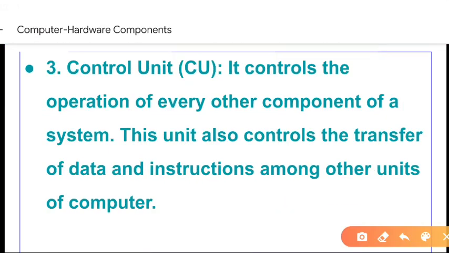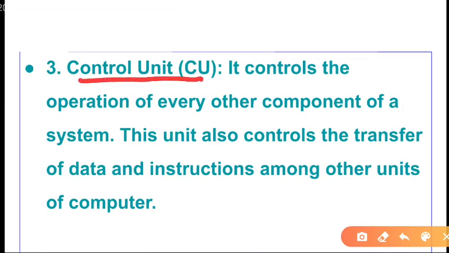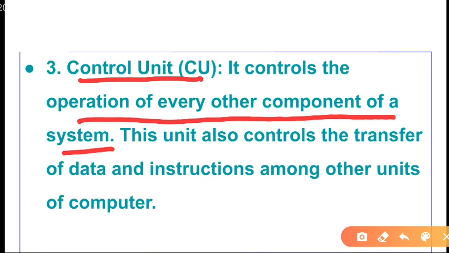And the third unit is called the control unit. The control unit controls the operation of every other component of the system. All the other components or parts of the computer, their operation is controlled by the control unit.